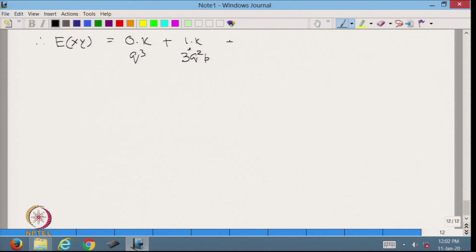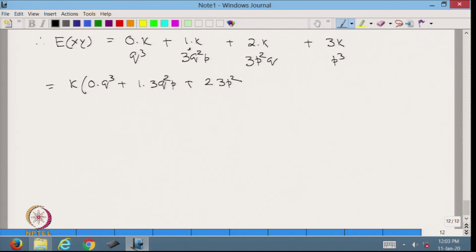I am multiplying by these corresponding probabilities, 2 times k multiplied by 3 p square q plus 3 k multiplied by p cube is equal to k times 0 into q cube plus 1 into 3 q square p plus 2 into 3 p square q plus 3 into p cube is equal to k into expected value of a binomial random variable with parameters 3 comma p is equal to 3 k p.